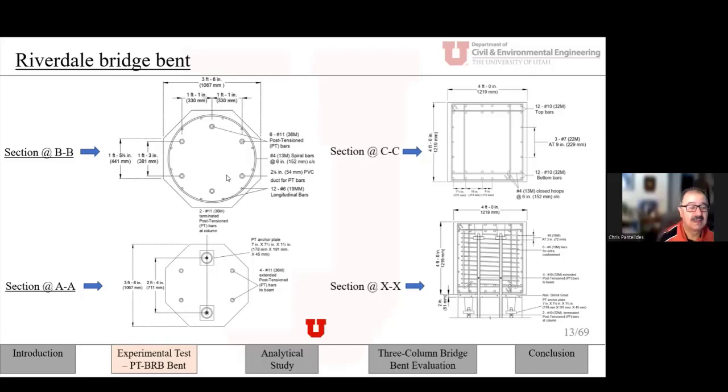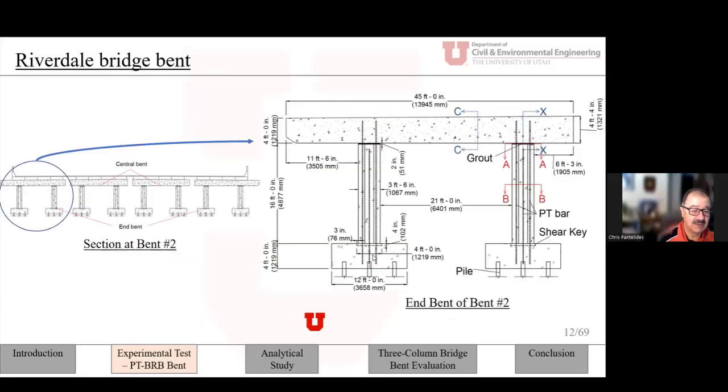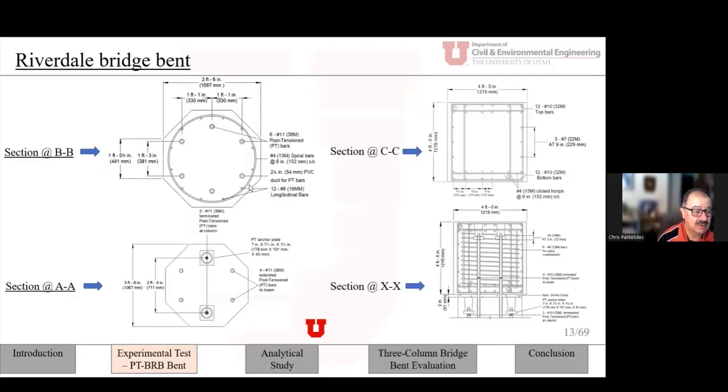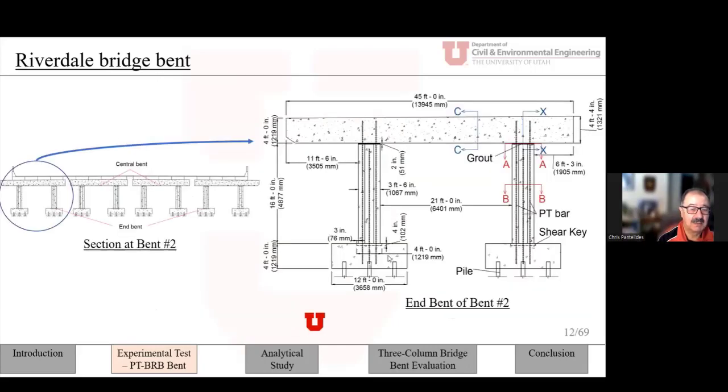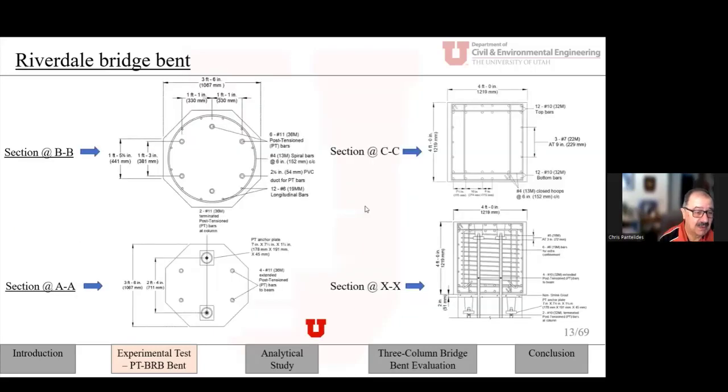So this allows, of course, the column to be reinforced, but the only connection between the cap beam and the footing and the column is through the post-tensioning bars. Four of these post-tensioning bars end up at the top of the column, like you see here, and 2 additional bars end up at the top of the cap beam, as you see here.